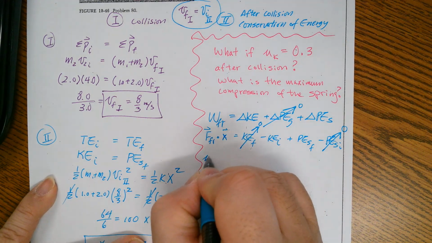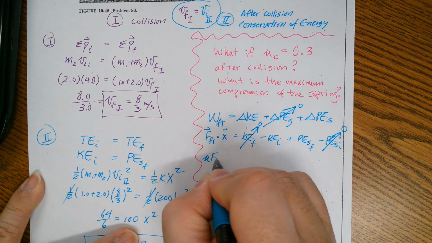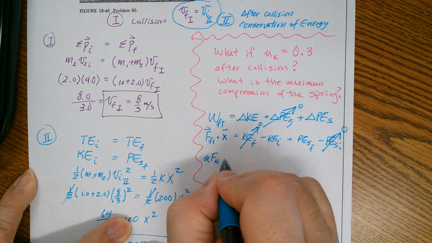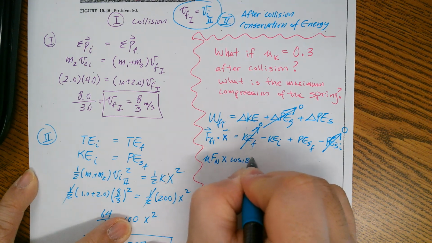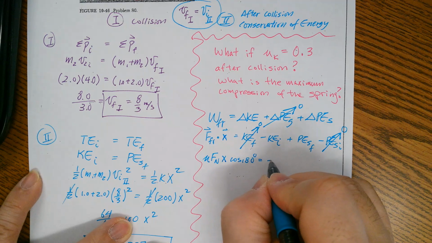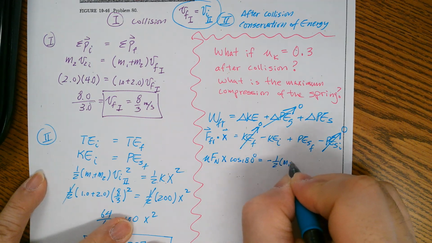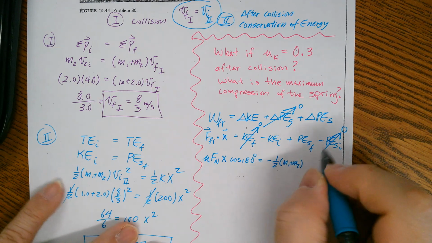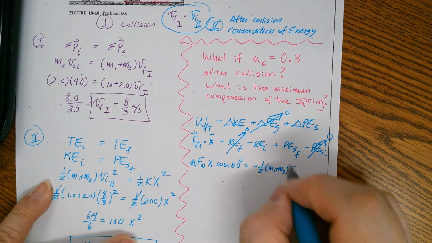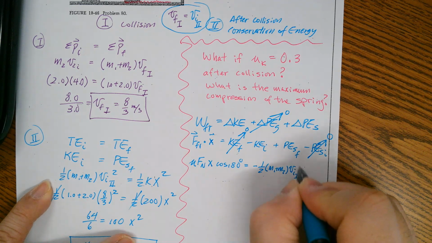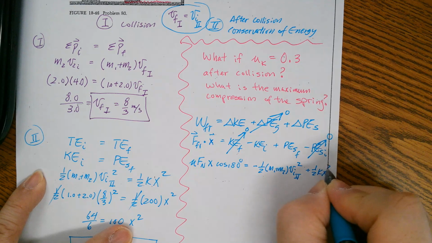Here, mu times F normal times x times cosine of 180 is equal to negative 1/2 (m1 plus m2) v initial of phase 2 squared plus 1/2 kx squared.